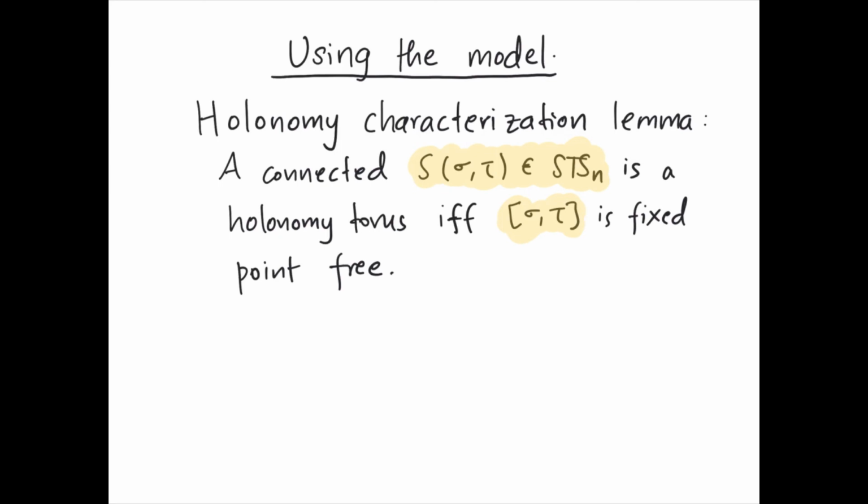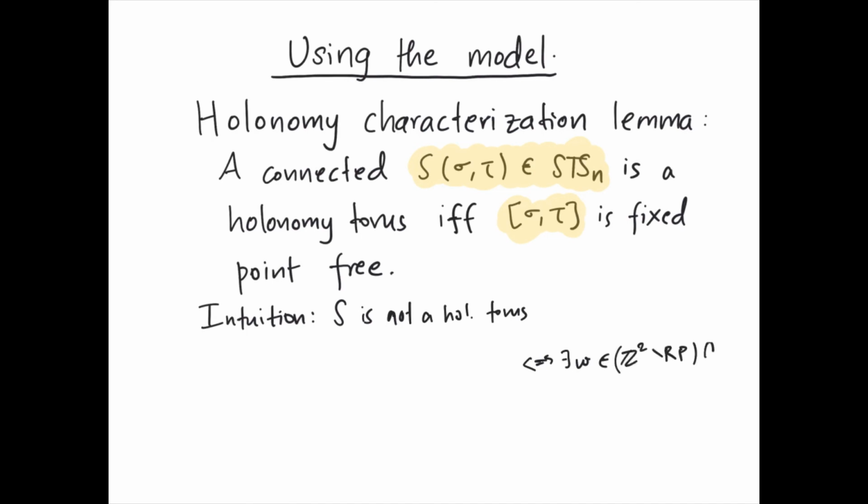And the intuition is as follows. S is not a holonomy torus. So this happens if and only if there exists w which is in Z2 minus RP, intersect holonomy set.